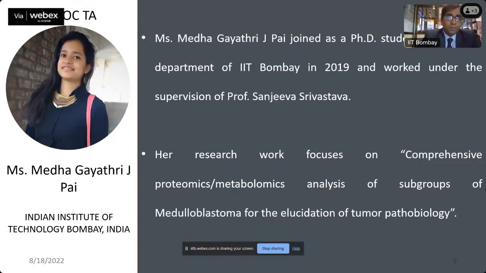She is quite an expert in the broad field of proteomics, but also very specialized in targeted proteomics, which you will be learning toward the latter part of the course, on how to validate specific proteins. On one hand, with global proteomics from gels or mass spec, you want to identify the targets, but how to validate the target is another thing which you would like to learn. And that's where method expertise of single reaction monitoring or multiple reaction monitoring based assays from targeted proteomics are quite important, and she will be talking to you in that area.